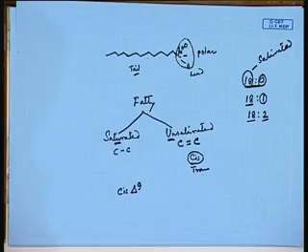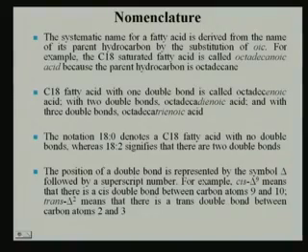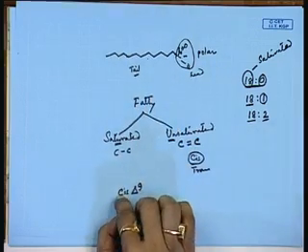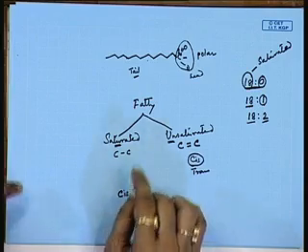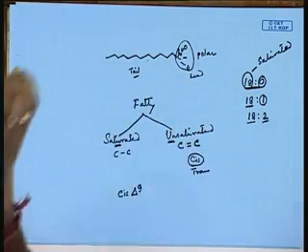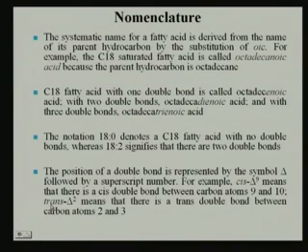That means that this fatty acid is arranged in a cis configuration and this double bond is present between carbon atoms 9 and 10. And if it is suppose trans delta 2, it means that there is a trans double bond between carbon atoms 2 and 3, and in this way the numbering is done.